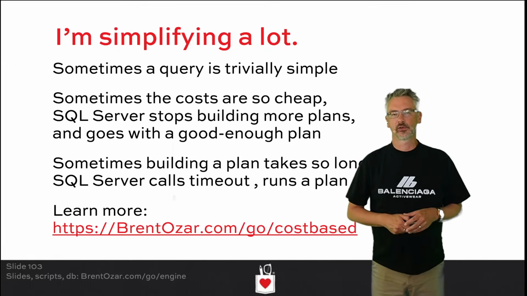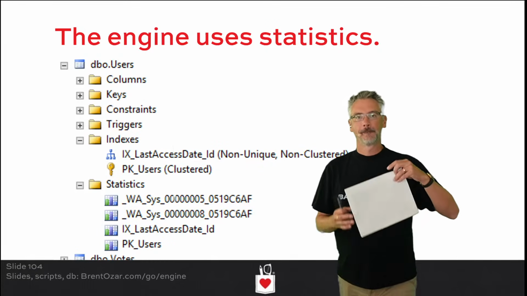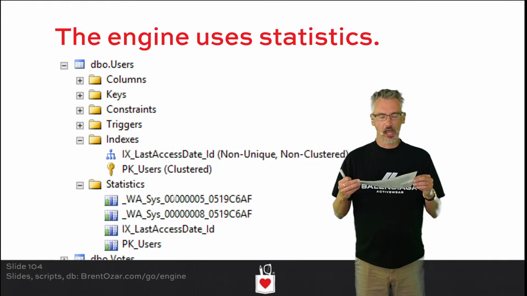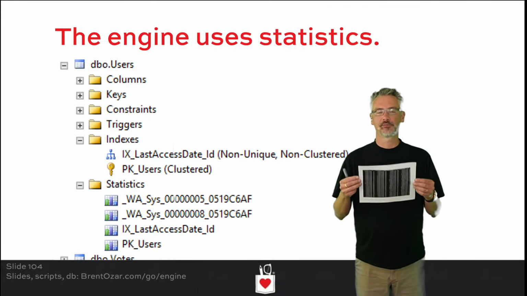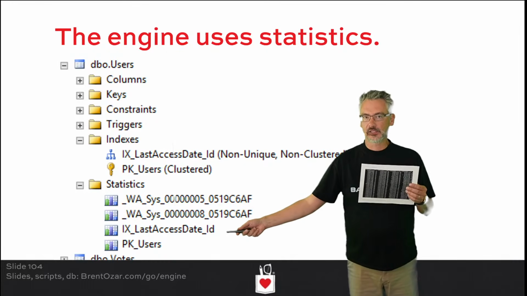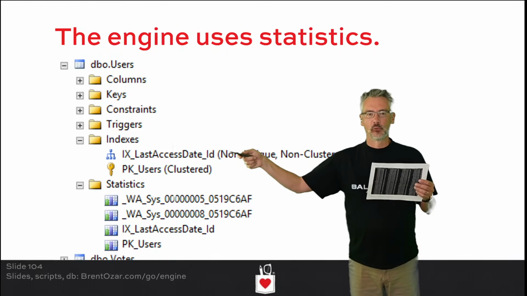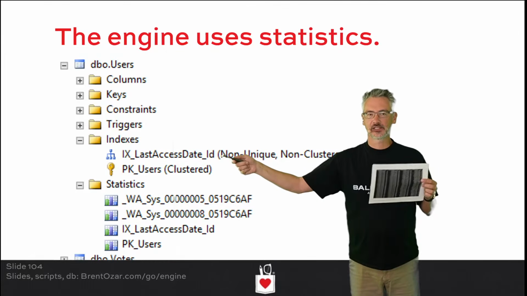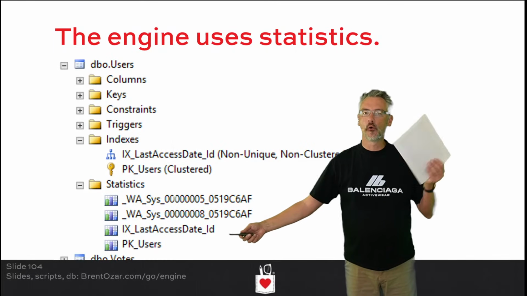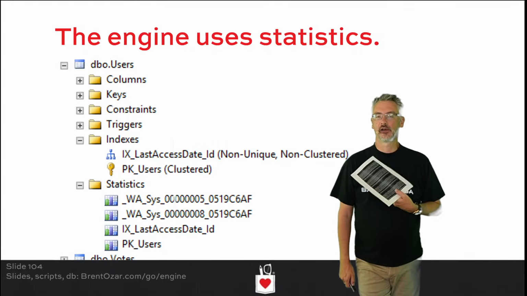The way that SQL Server does all this is it uses statistics. Statistics are one 8K page worth of metadata about the contents of that object. For example, when you create an index on last access date and ID, SQL Server automatically creates a statistic of just one 8K page describing the contents of that index.